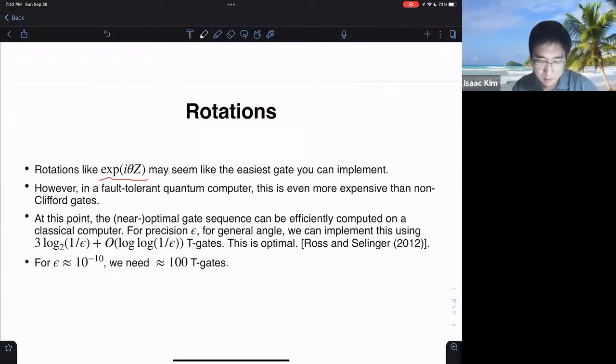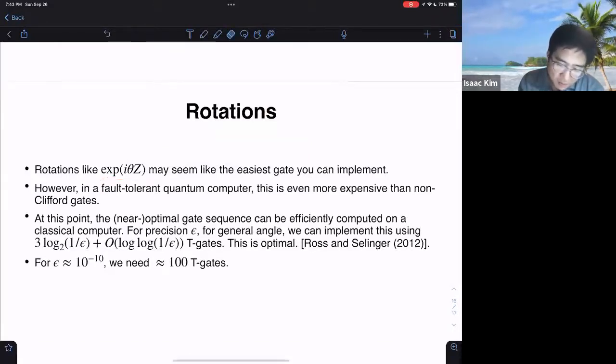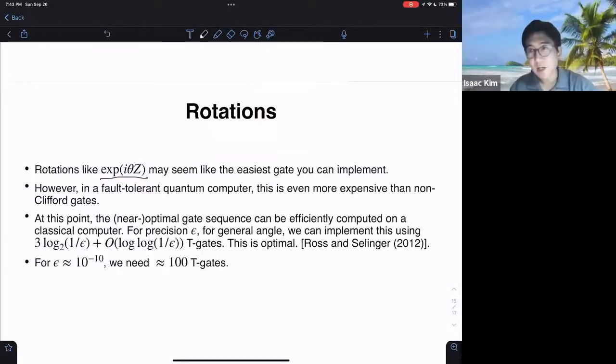The good news is that at this point, there's a near-optimal solution to this problem. Given an arbitrary real number theta, let's say I want to implement this exponential of i theta Z using Clifford gates and non-Clifford gates, and I try to minimize the number of non-Clifford gates. Then under some number-theoretic assumptions, which seem to be correct, you can actually find the optimal solution.